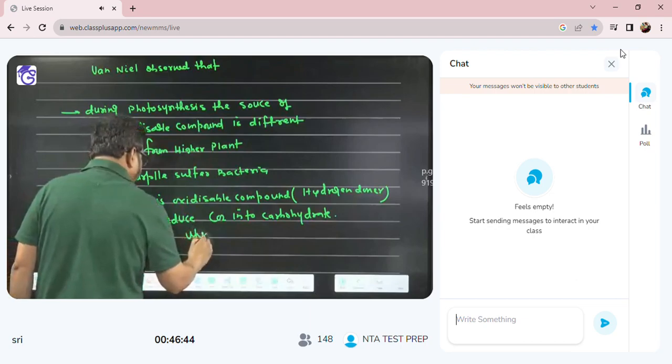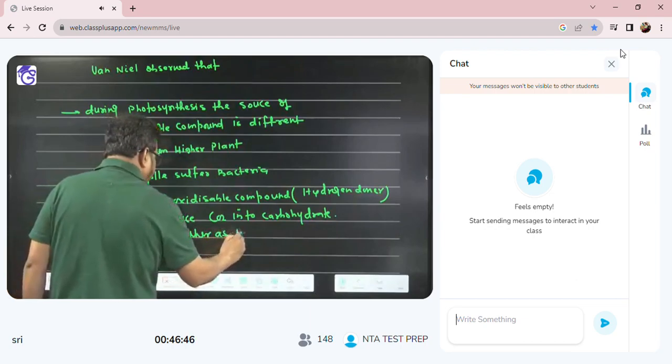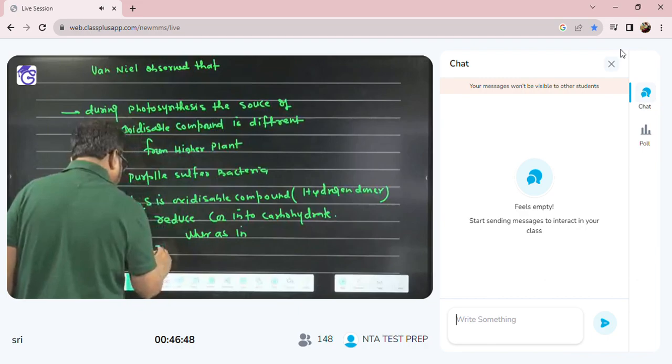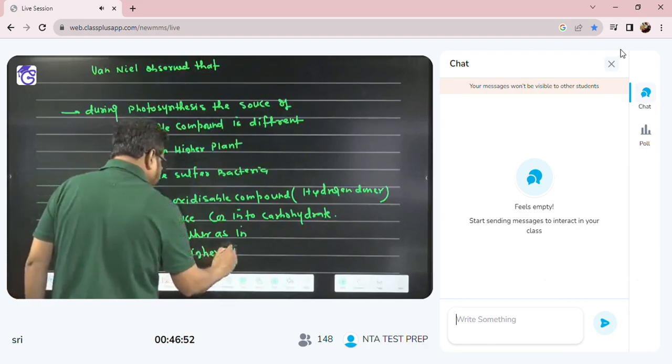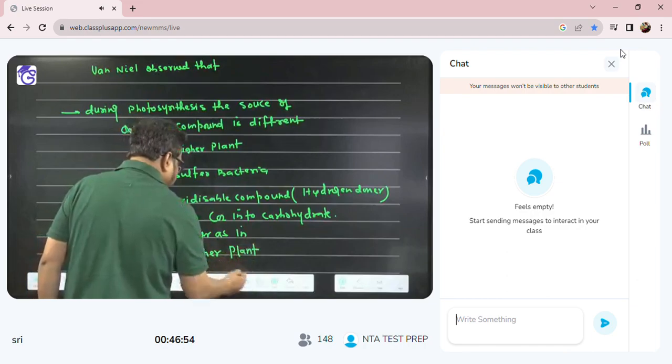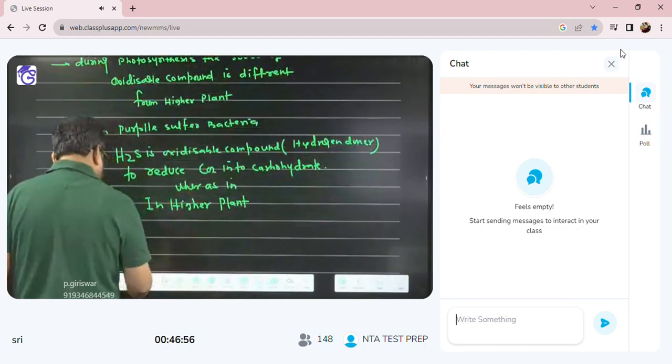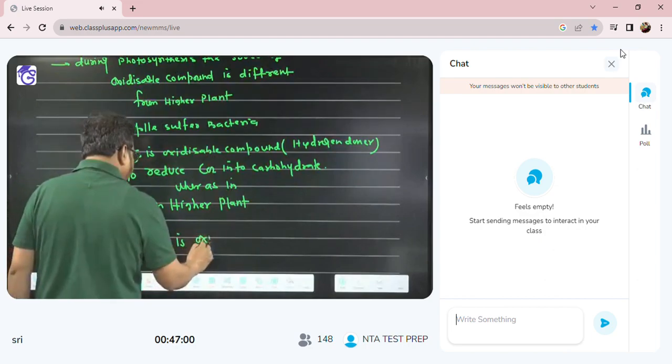Whereas in higher plant, H2O is the oxidizable compound.